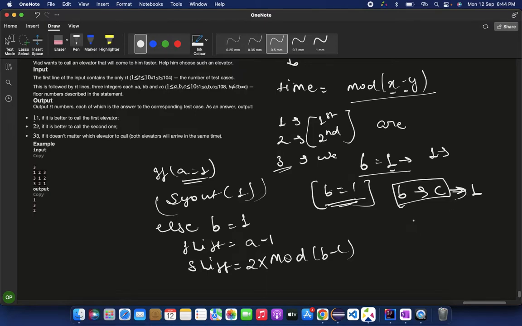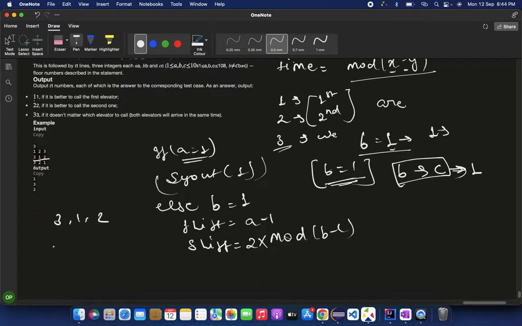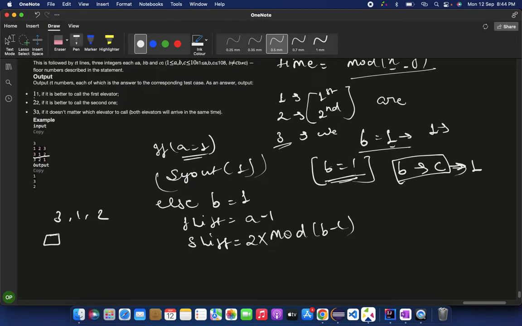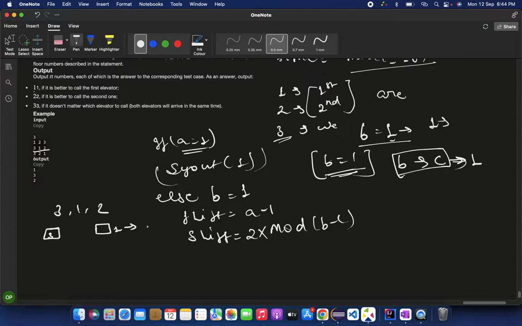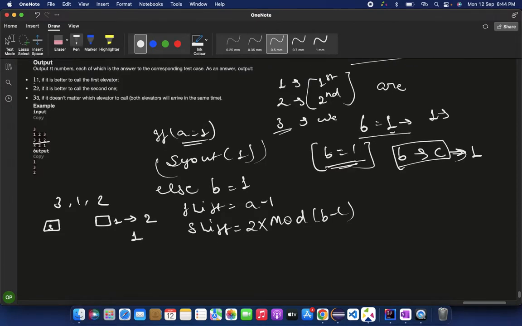Let's talk about the case where b was 1: 3, 1 and 2. Suppose this is the first lift, on the third floor, and this is the second lift, currently on the first floor. It is going from 1 to 2 and will reach in 1 second.